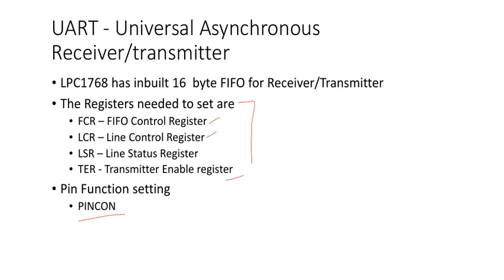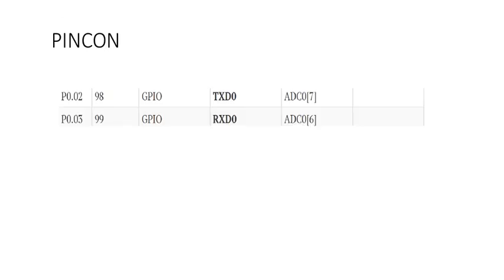So first we will see the pin configuration. By default, the pins work as GPIO, that is function 0. We have to change this to function 1, so the bits change from 00 to 01.